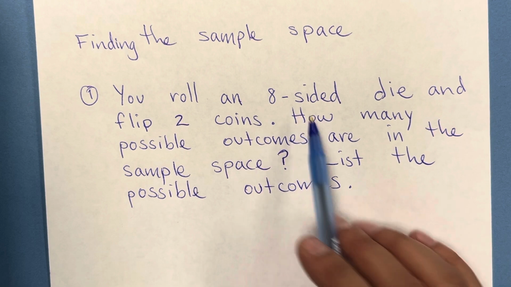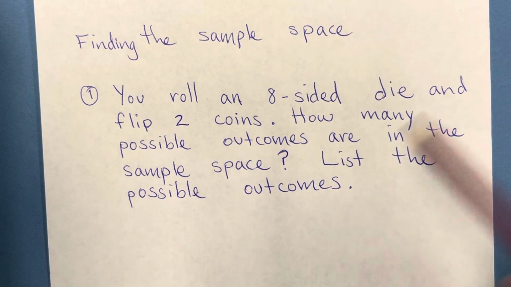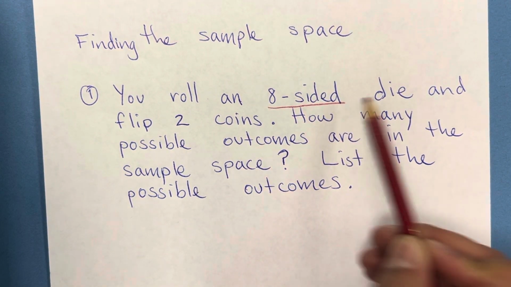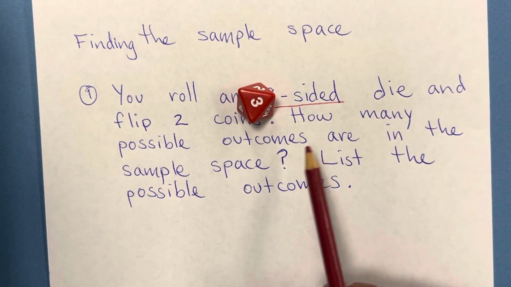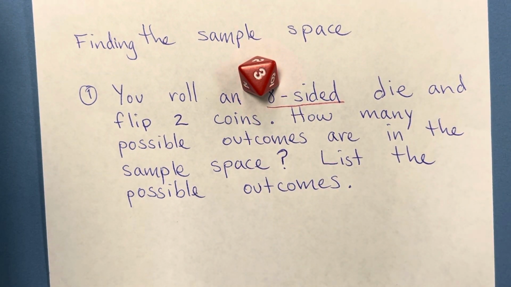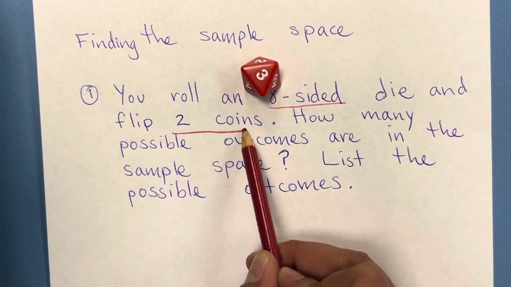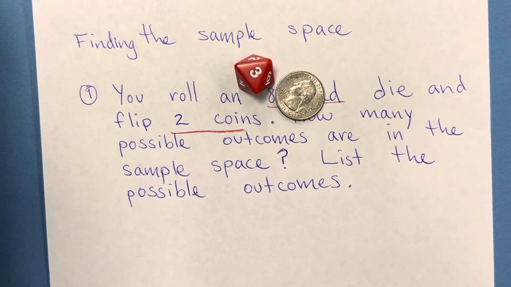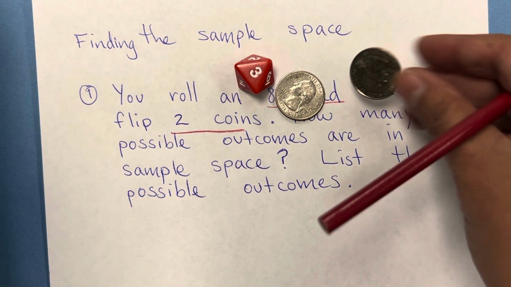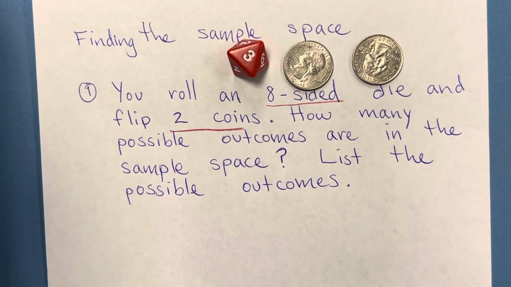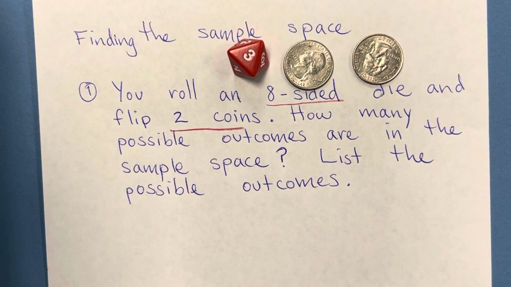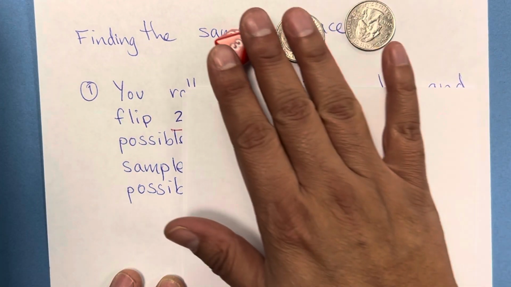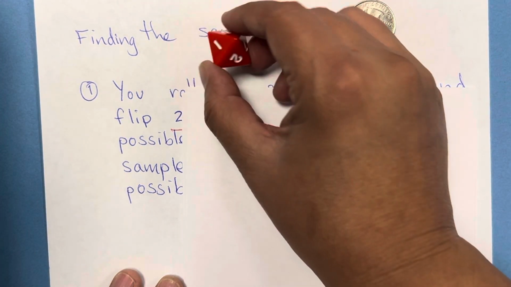Okay, so in here, it says that we have an 8-sided die, which is this one. And we flip 2 coins. So we have a coin in here and another one, okay? Now, when it says to create the list, you can create a tree. For the die, what are the possibilities that you can get?